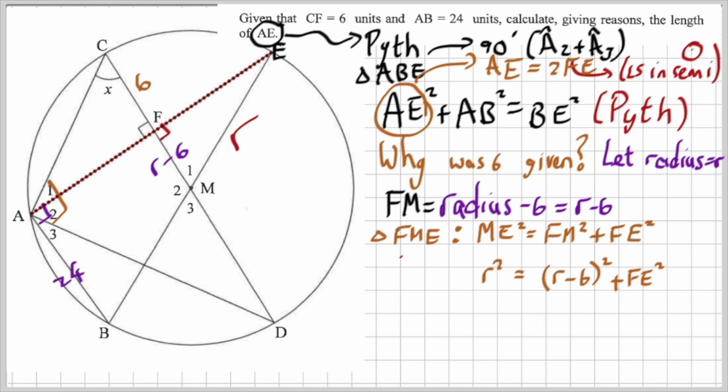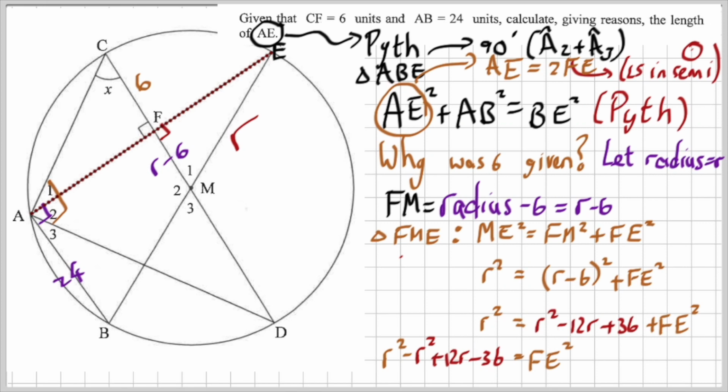Oh my goodness. What now? Let's just see how far we can go with this. So I'm going to simplify this and see maybe I can get an expression for FE. So I'm trying to isolate FE squared and seeing where it leads me.